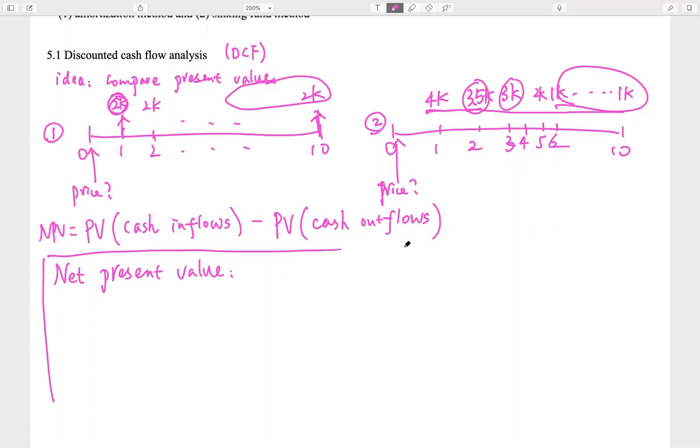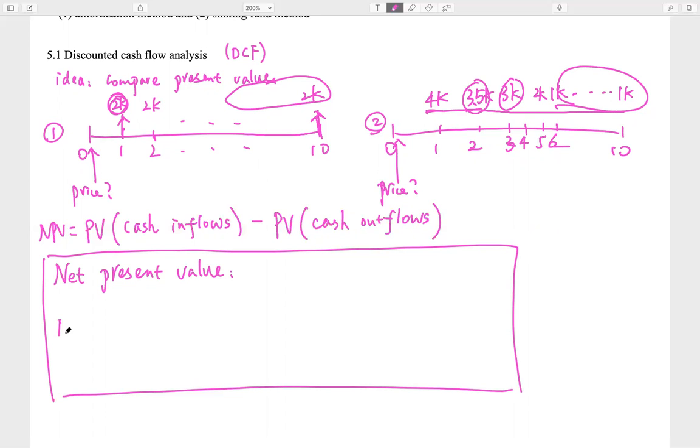So let me also put it in a box. NPV equals the sum from t = 0 to n. Suppose this project lasts for n years. It will generate some cash flows, cash inflow.